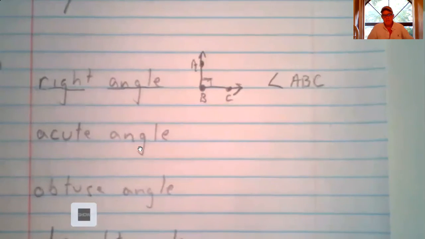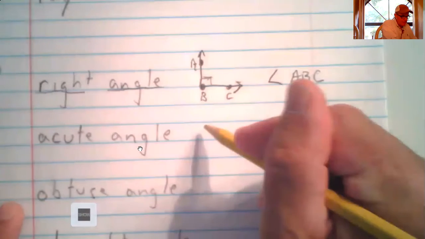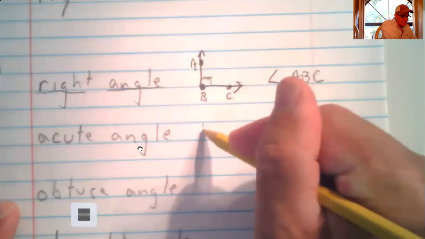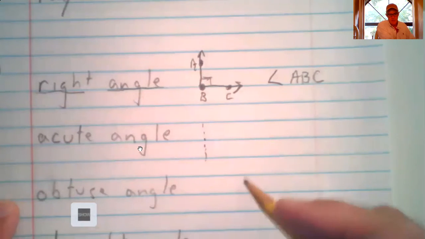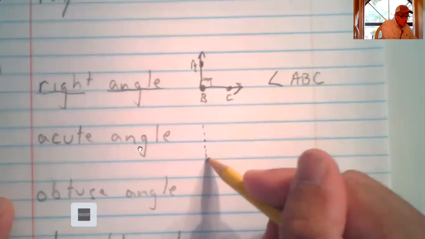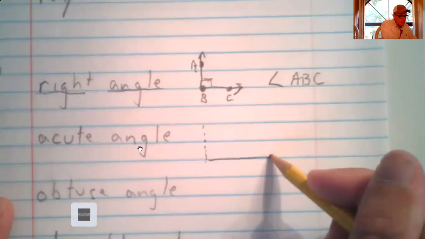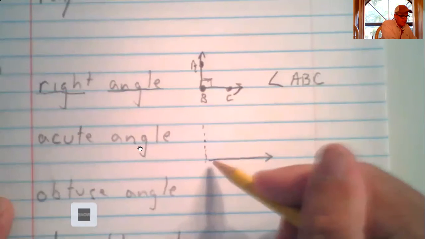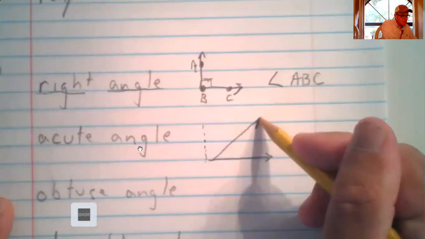Now, everything that we're going to learn is based on a right angle. So let's come down here, and I'm just going to make this one a dot. I'm not going to put a point on that because I'm making it a dot. I'm going to come up this way, and then come this way right here, and this line goes on forever.